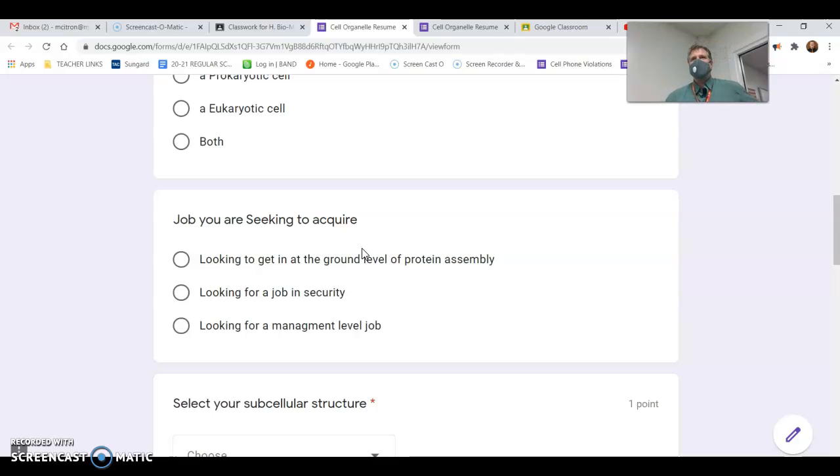So that's in a resume. You try to put together what it is that you're looking to accomplish, what it is you want to do for this company. So do you want to be ground level of protein assembly? That could be a ribosome. Are there any other organelles that you know that might have something to do with protein assembly? Thinking back to the video we watched.